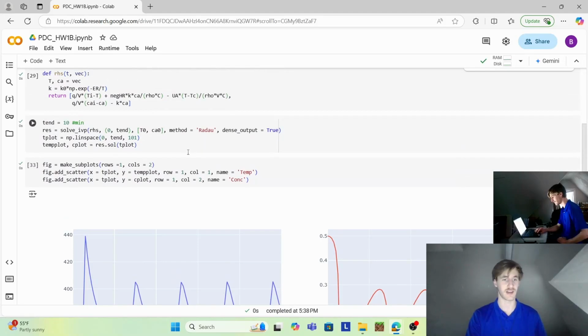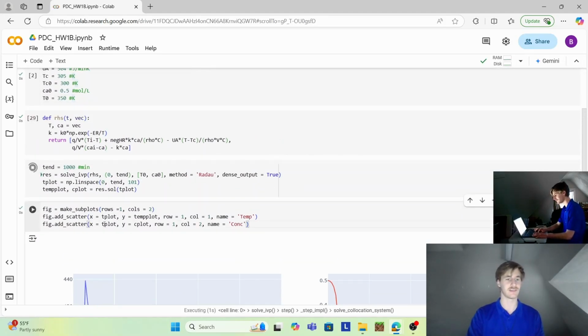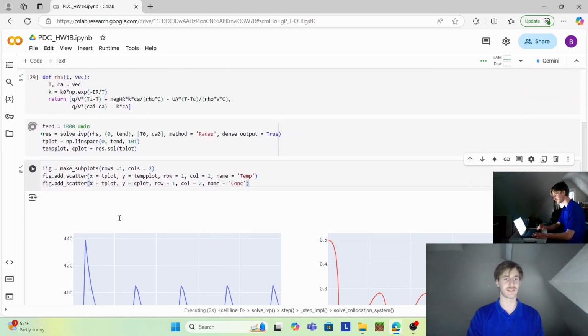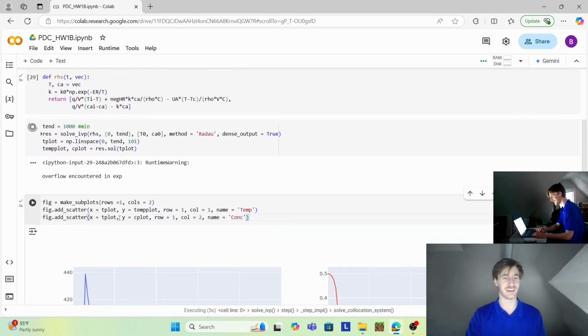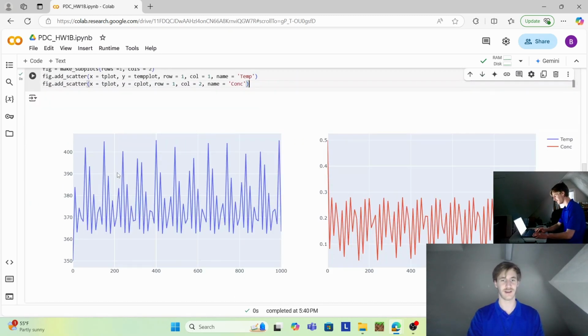I haven't really graphed that far. I guess we could see if we go to like 1,000, we'll see if it just keeps on doing this. It'll take a little bit. Overflow. Maybe it'll still work. Oh yeah. So this just looks even crazier. But it doesn't appear to be steadying out at all. It's just these oscillatory patterns.